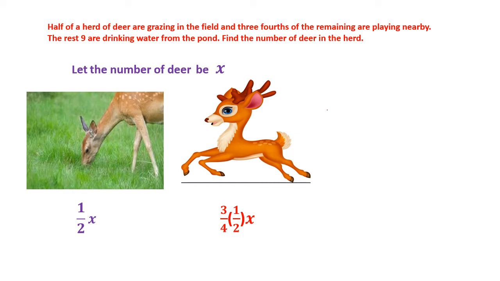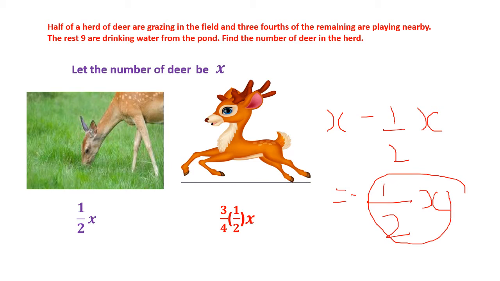If there are X deer, then if half of them are grazing, how many are remaining? Another half are remaining. But all these half are not playing.